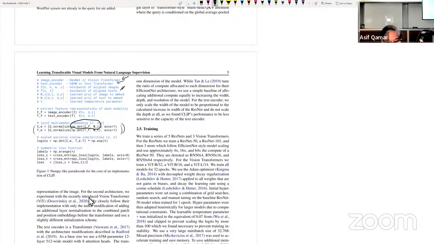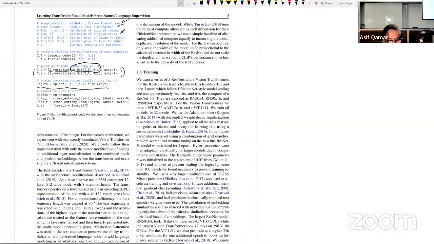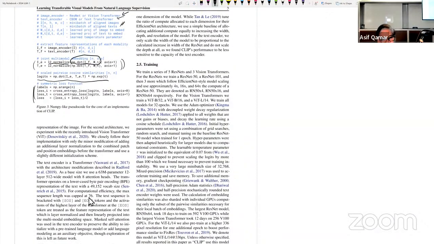And when you L2 normalize it, what do you mean? You scale it by their sizes. You're basically looking at cosine similarity. So the logits are nothing but the cosine similarities, which get exponentiated and so forth. Now you can look at the loss, just as you would expect the loss to be. So this code pretty much says it all, what we have been talking about.